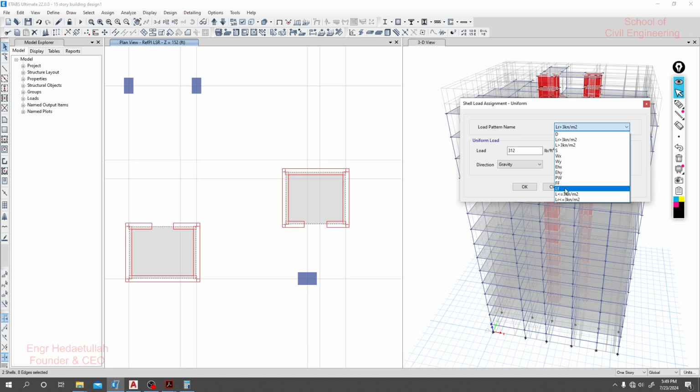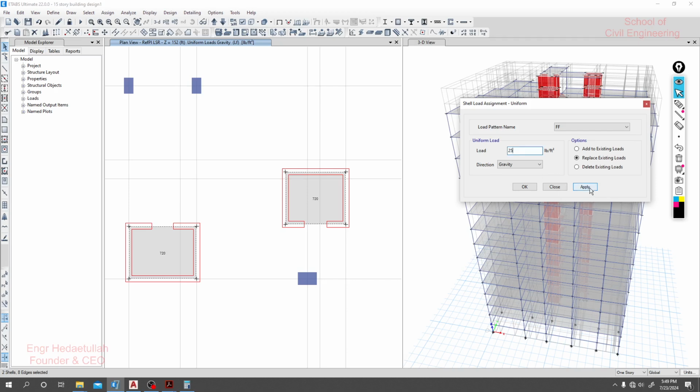First of all, this is for lift load. You may remember this is for lift load, and this value will be 720. Apply. Again pre-select, and provide floor finish.